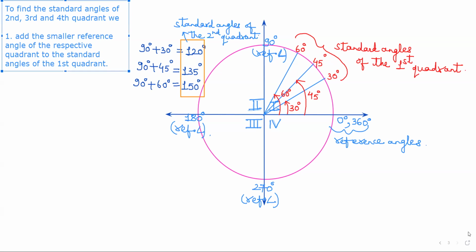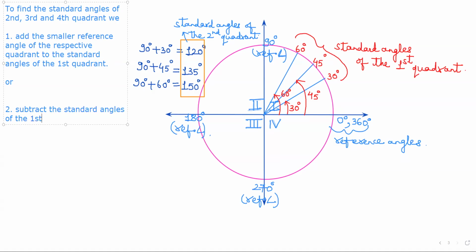There is another method: you can write, or subtract the standard angles of the first quadrant from the larger reference angle of the respective quadrant. Respective means the quadrant we are dealing with.